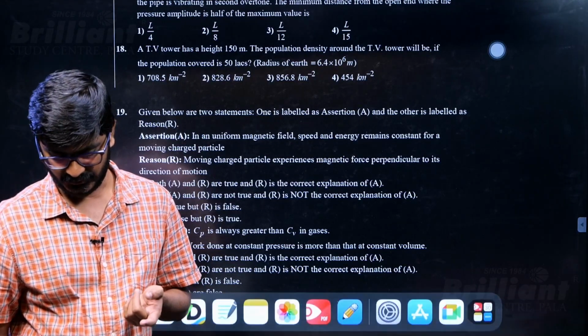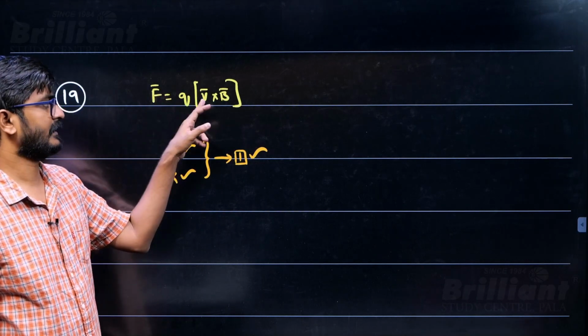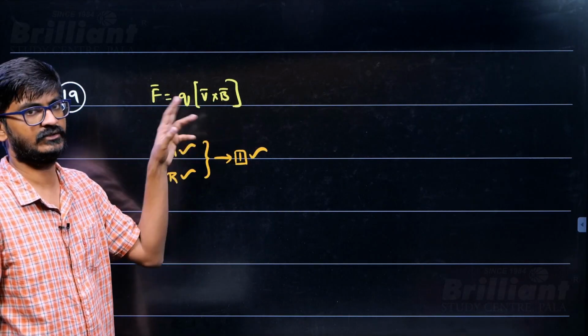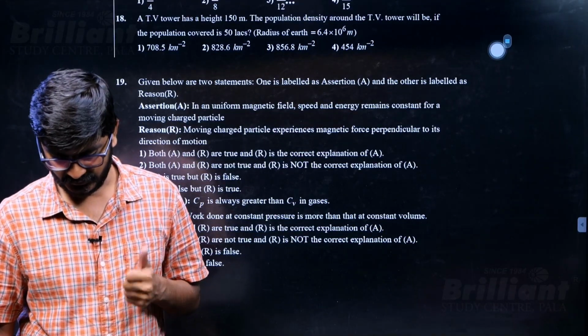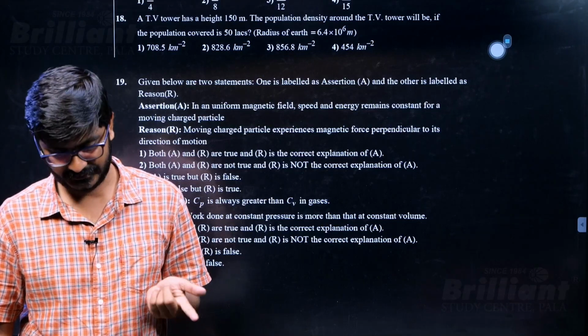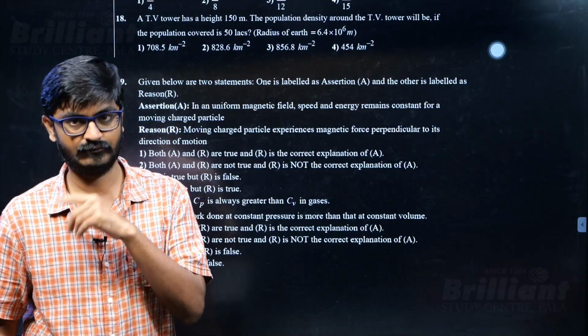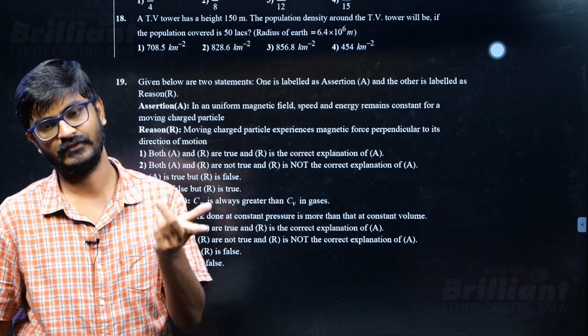Yes, because F equals Q into v cross B, this force will be perpendicular to velocity and perpendicular to magnetic field. If the force is perpendicular to velocity, work done will be 0, so kinetic energy won't be changing. So assertion is true, reason is also true, and it is the correct explanation because force is perpendicular to the velocity. So work done will be 0, so kinetic energy will remain same and speed will remain same.